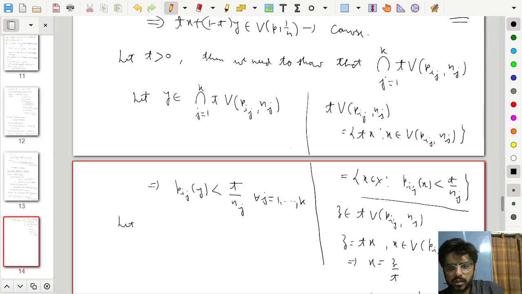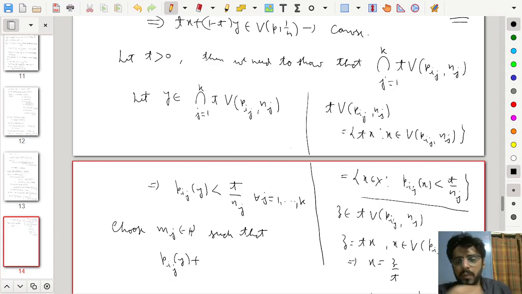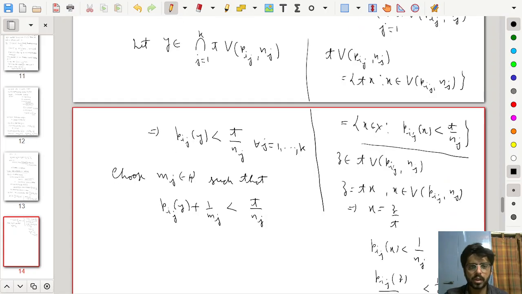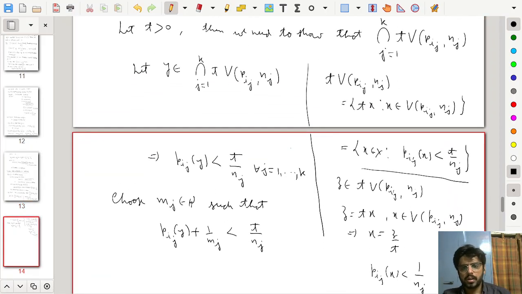Let us choose m_j in N such that p_{i_j}(y) plus 1/m_j is strictly less than t/n_j, right?